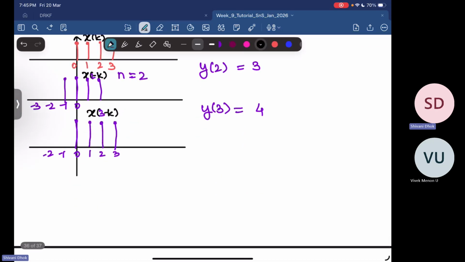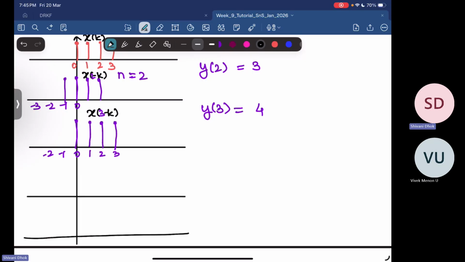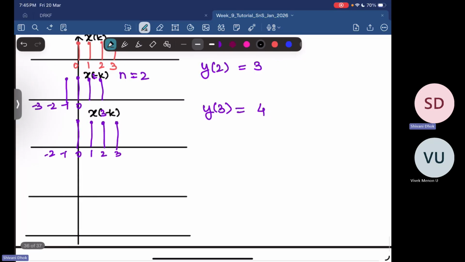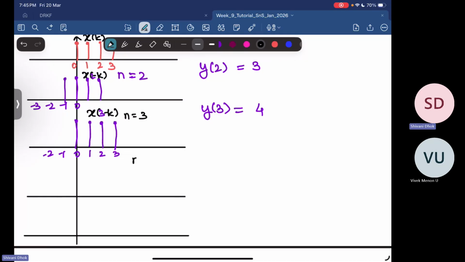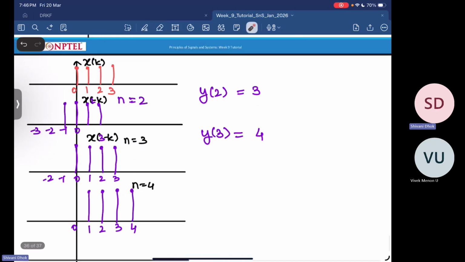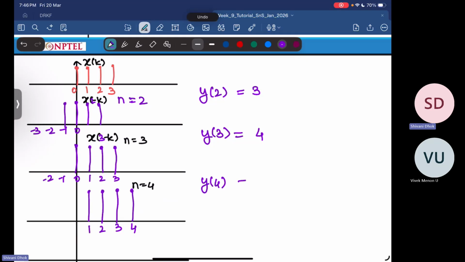Then if you shift it further, now you have n equal to 4. Now you will start seeing less number of overlaps. Now the overlap is only for these three values. So again your y of 4 is 3.